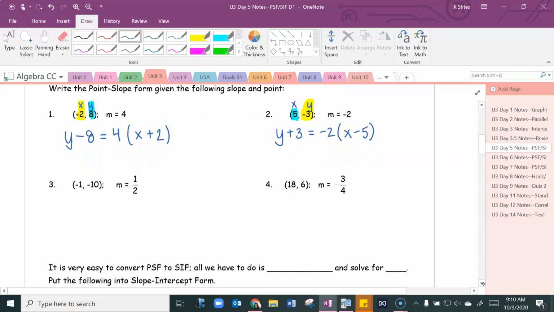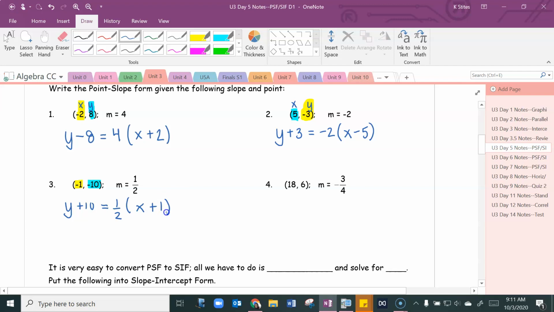Let's do 2 more. Y, and then the opposite of our y coordinate. So that's a plus 10, equals your slope, parentheses, x, and then the opposite of your x coordinate. So that's a plus 1.